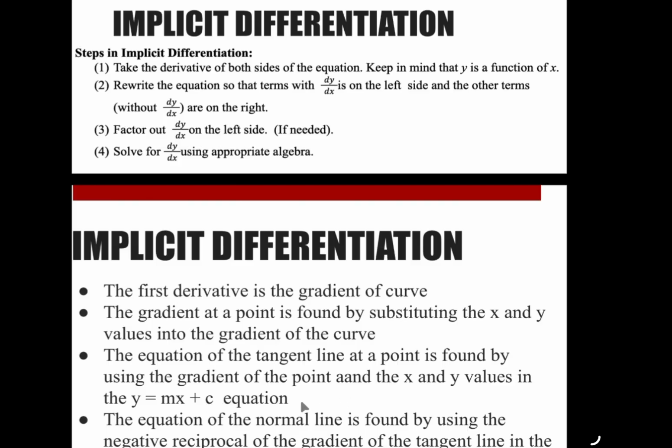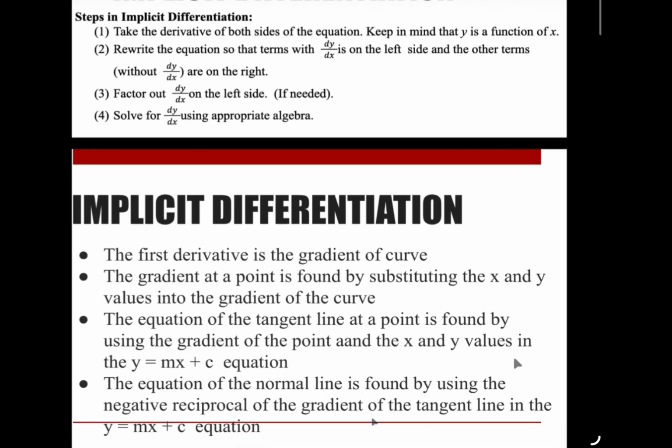And then the equation of the normal is found by using the negative reciprocal of the gradient of the tangent line in the y equals mx plus c equation. So we're going to write our answers in gradient intercept form.